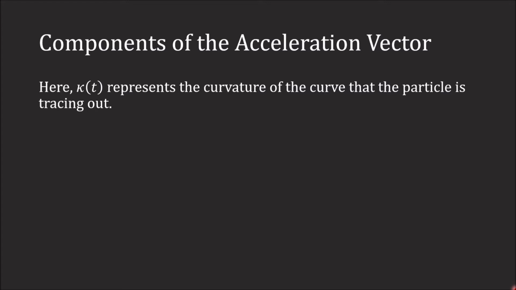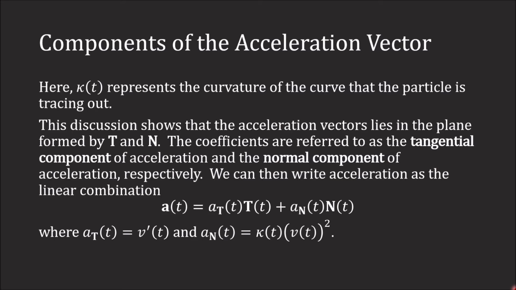So what this discussion just showed is that the acceleration vector lies completely in the plane formed by the vectors T and N. The coefficients of T and N, respectively, are referred to as the tangential component of acceleration and the normal component of acceleration.